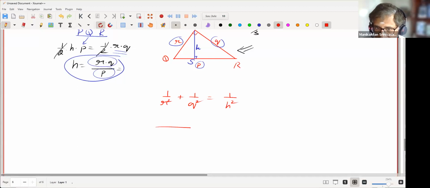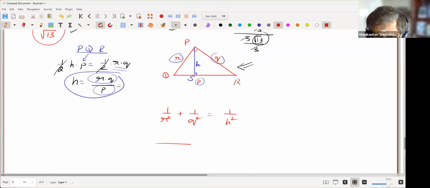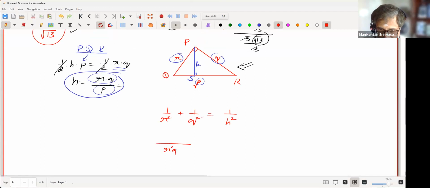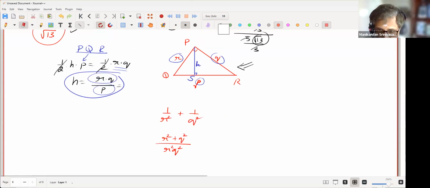That's because if you simplify this, r and q are again this right angle triangle, right? So this is, by the way, small p. I don't know how to denote small p. Let's say this is small p. So 1 upon r square plus 1 upon q square, I can take r square q square as common denominator. Here upar r square plus q square ho jata hai, right? We'll prove it's 1 upon h square.